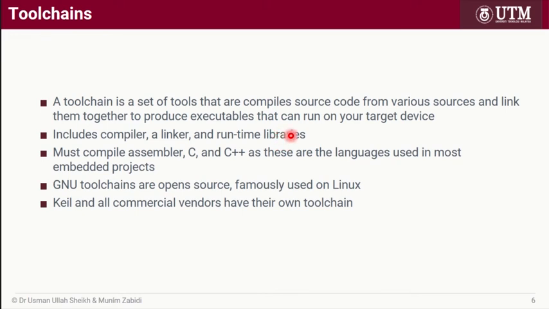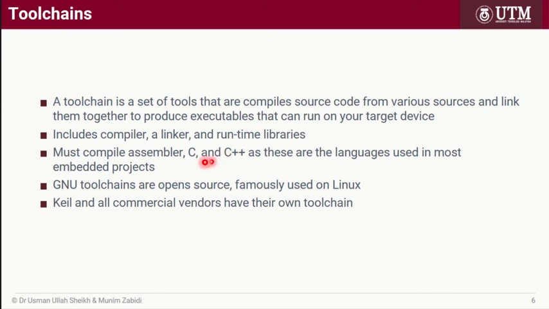Sometimes the toolchain also includes a debugger, which is used to test and debug a created program. This toolchain should be able to compile assembler, C and C++, as these are the languages used most in embedded projects.